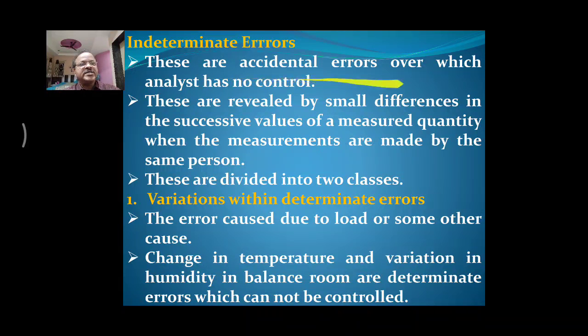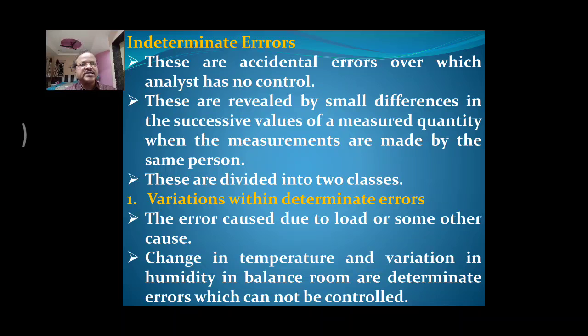These are accidental errors over which the analyst has no control. These are revealed by small differences in the successive values of a measured quantity when the measurements are made by the same person.